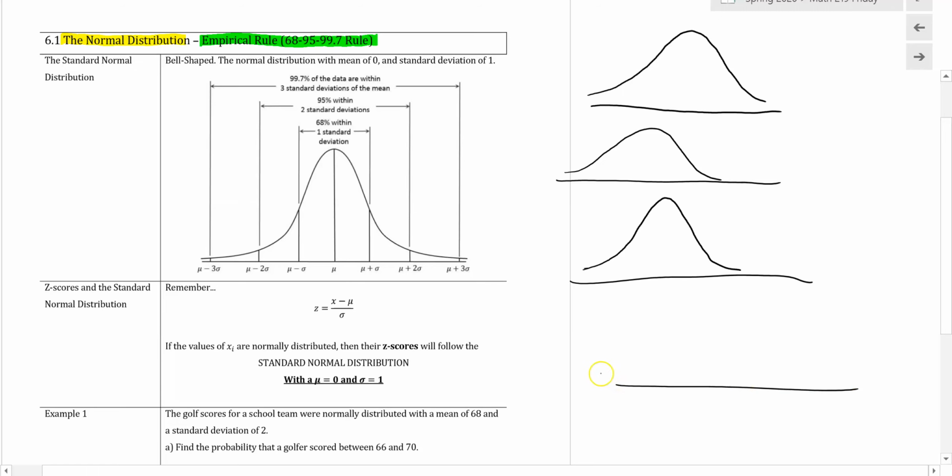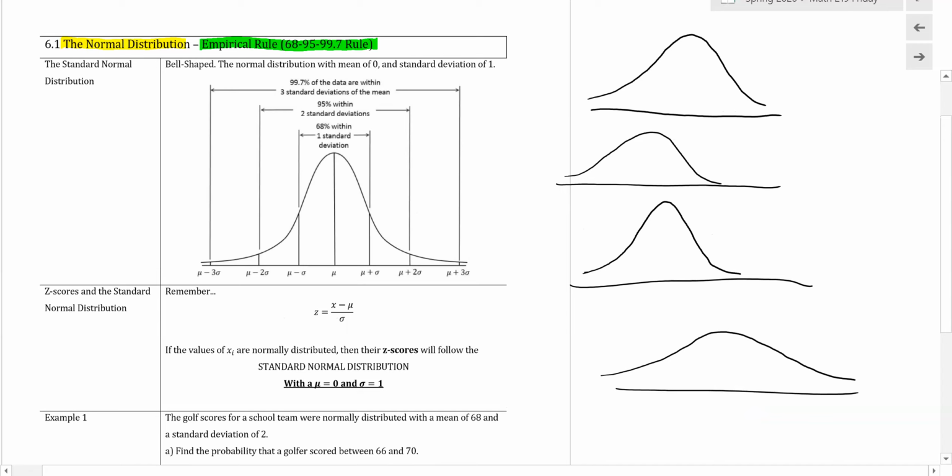Sometimes the bell is very wide and low, and other times the bell shape could be very tall and kind of narrow like that. But they all have this general bell shape. The mean is right smack dab in the middle, and it turns out that the standard deviation helps determine how spread out or narrow these things are.